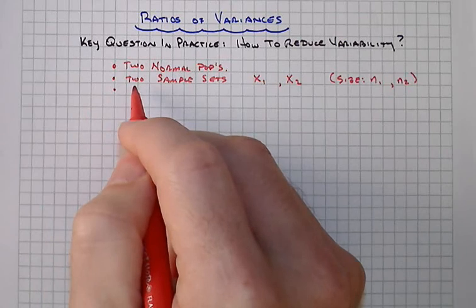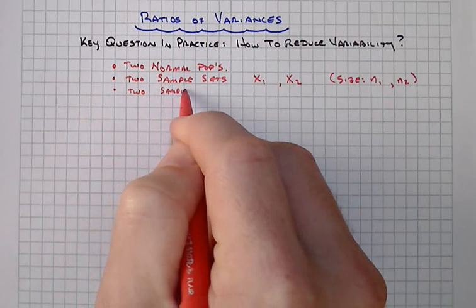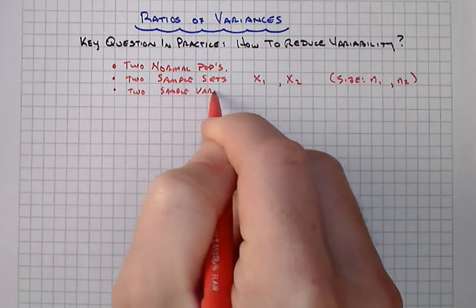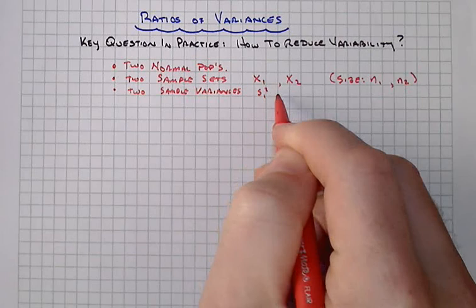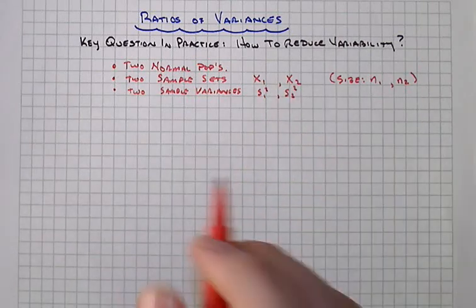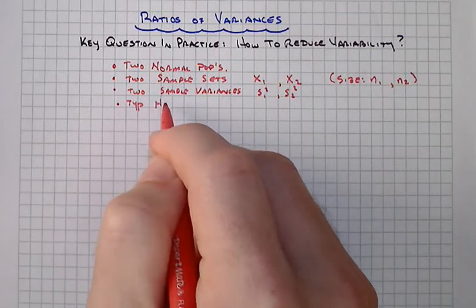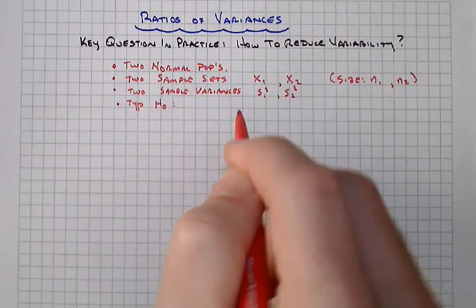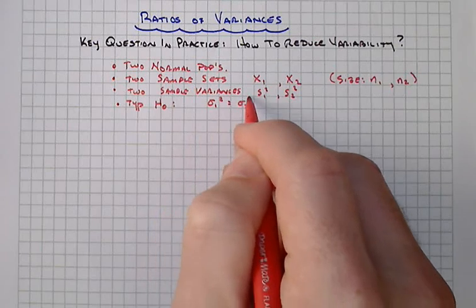Okay? We have, of course, along with two sample sets, two sample variances, calculated in our normal way with the n-1. And a typical hypothesis test will have a null hypothesis where we set the variances equal to each other.